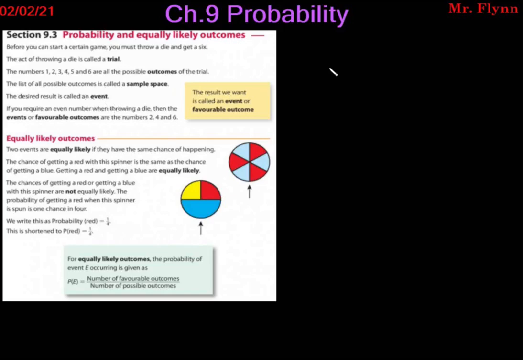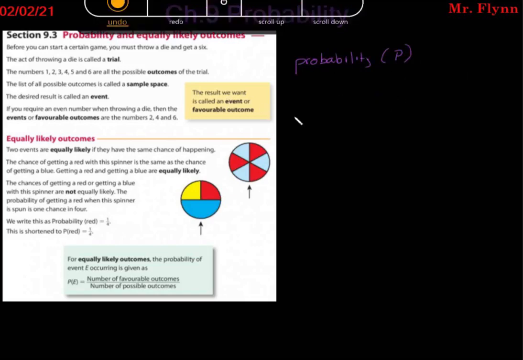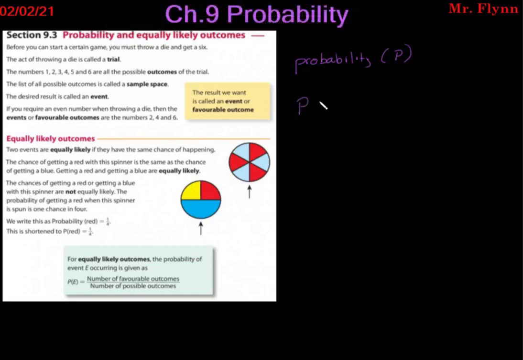And remember probability, so this is good to take down in your copy. I always just refer to it as P in short. So the probability of any event, P, is equal to, and we're creating a fraction here, what we want, all over what can come up.